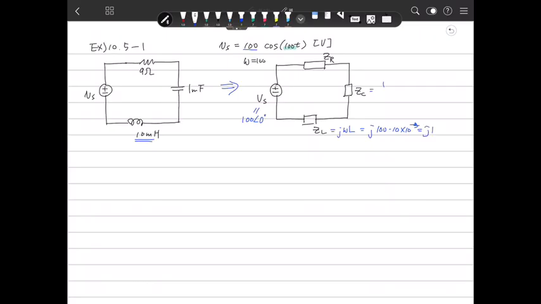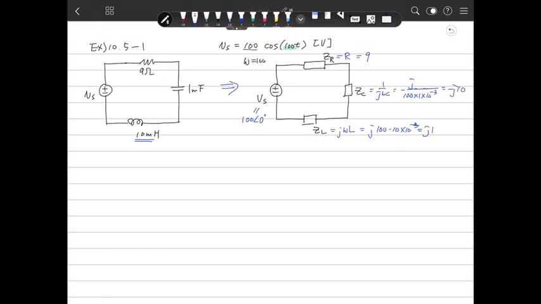And what is ZC? It's 1 over j omega C. It's minus j, omega is 100 and capacitance is 1 milli. So 1 over 0.1, so there will be minus j10. And ZR is R, so there will be 9.